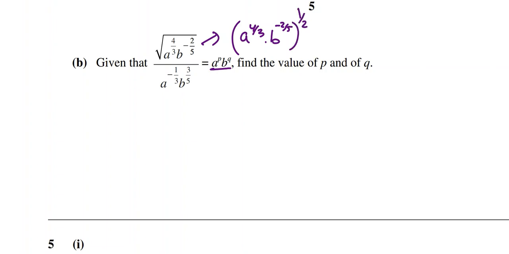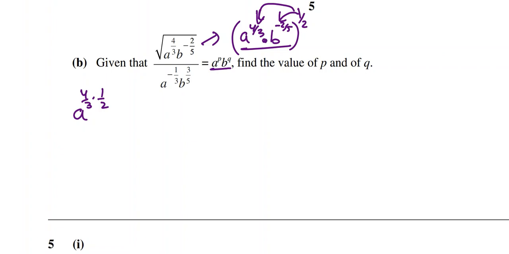Square root is same as power half, and that I will explain here now. I will expand this part. A to the power 4 third multiplied by half, because this half multiplies with both of them because they are multiplying. Just keep in mind that is possible only if they are multiplying.